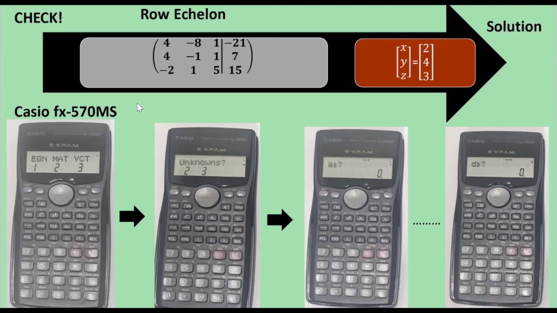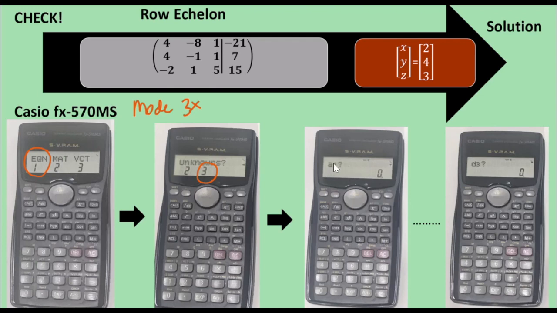You would first press mode 3 times and then choose equation. Next, because the solution is a 3 by 1 matrix and we have 3 unknowns, which are x, y, and z, we would choose 3 as the number of unknowns.